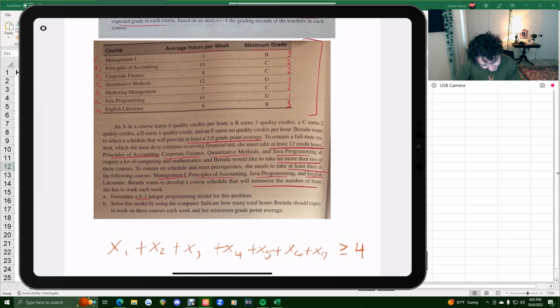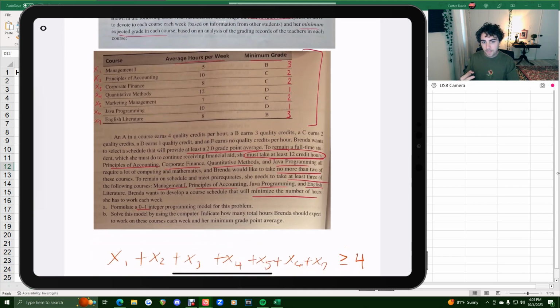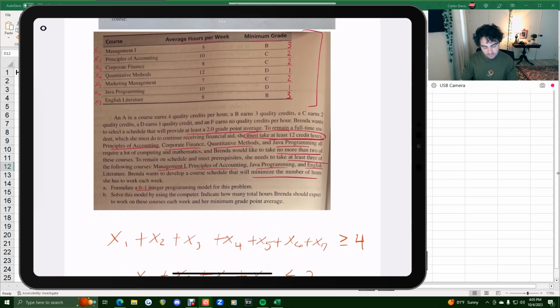So it says that she must take at least 12 credit hours. How many classes would that be? If each class is 3 credit hours, then to take at least 12 credit hours, she needs to take at least 4 classes. So the sum of all the classes she's taking should be greater than or equal to 4.